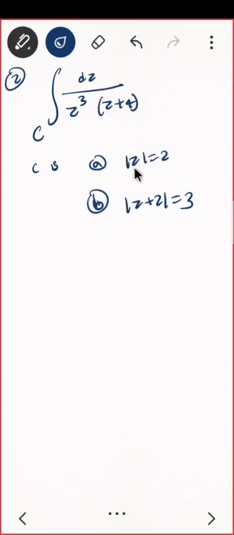Yes, mod z equal to 2. First of all, what are the singularities? z equal to 0 and z equal to minus 4. So z equal to 0 has multiplicity of 3. 0 is repeating 3 times.